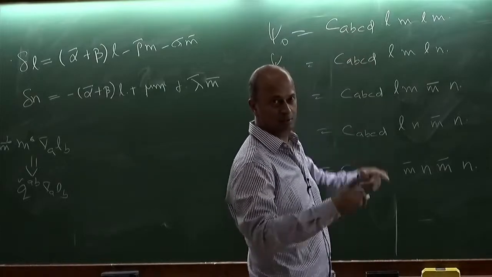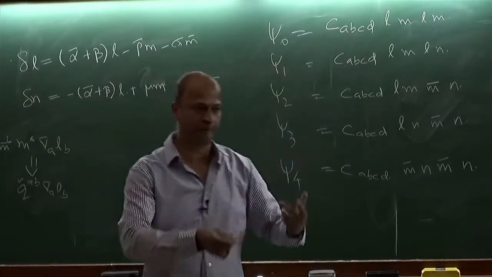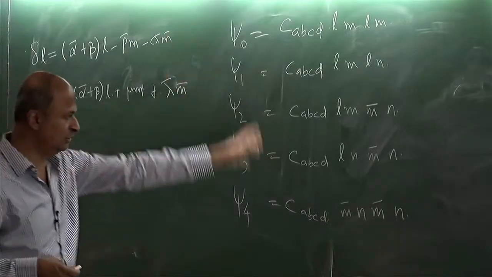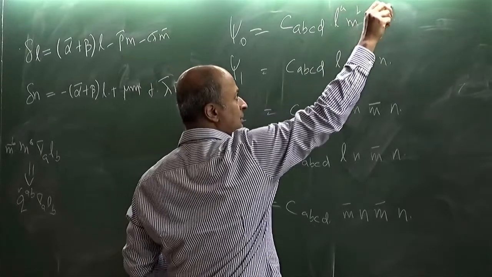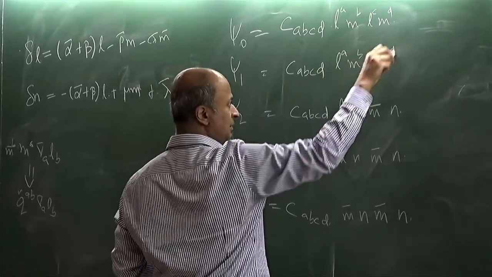The Weyl tensor is trace-free and has all the other properties of the Riemann tensor. It turns out these are the only things that you can construct. So it's always here L, A, B, C, D, A, B, C, D.